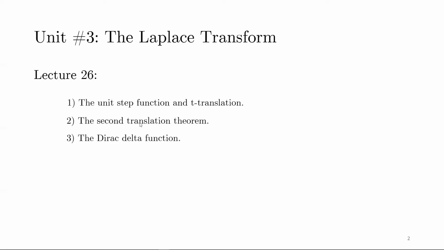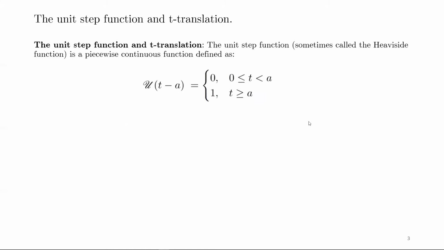So the first thing I'll do is introduce to you something called the unit step function. The unit step function is sometimes called the Heaviside function. That's not a misspelling, that's named after someone with the last name Heaviside. But this unit step function is a piecewise continuous function, which is 0 when t is between 0 and a, and 1 when t is greater than or equal to a.